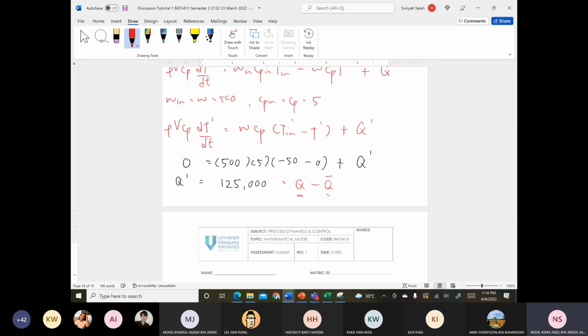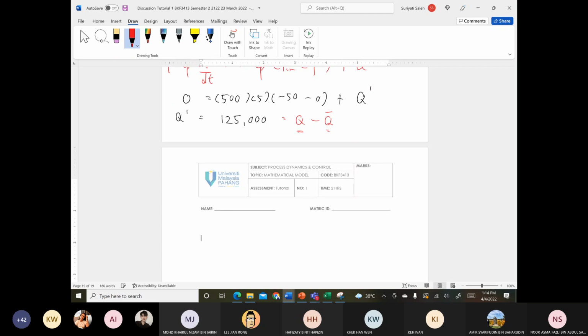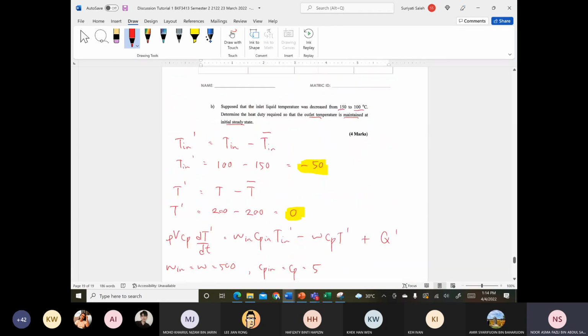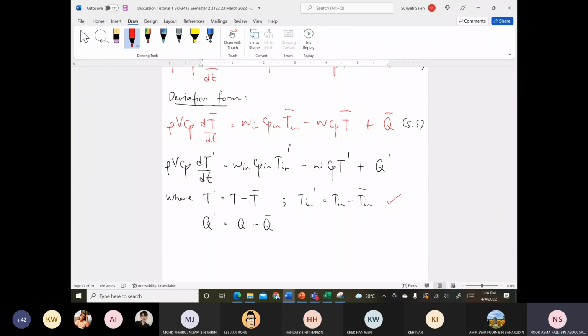So determine the value of Q bar. The Q bar here represents the value at the steady state.